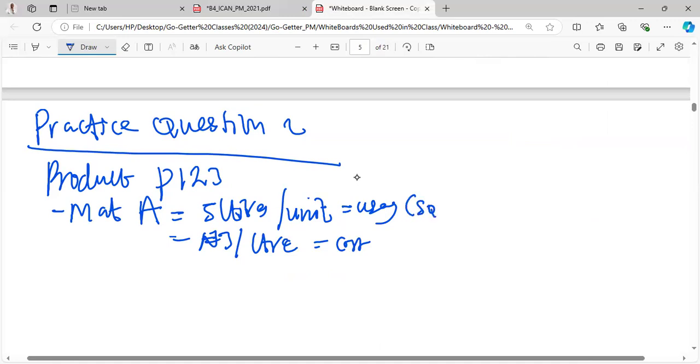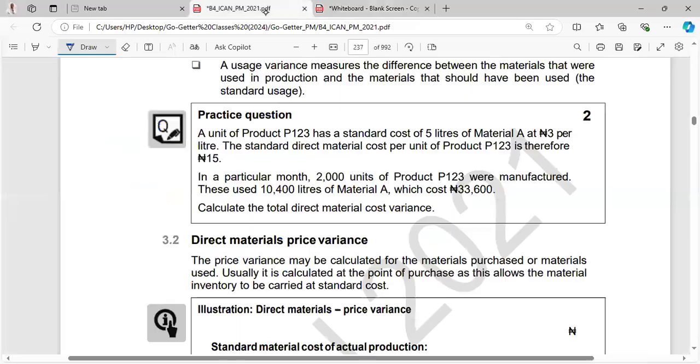I'll call this one standard quantity. This is the standard price. You first of all see the standards. The standard direct material cost of producing 1 unit of course is therefore 15. So the standard direct material cost is therefore 15, right?